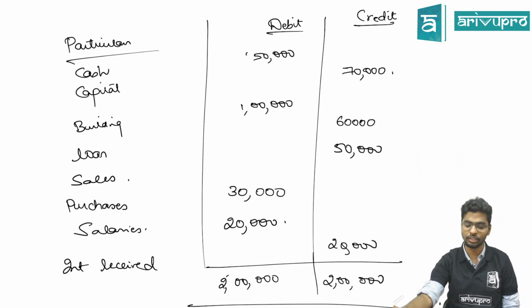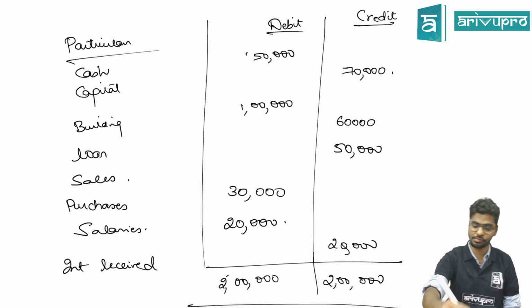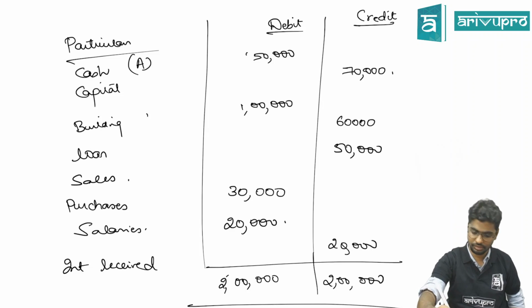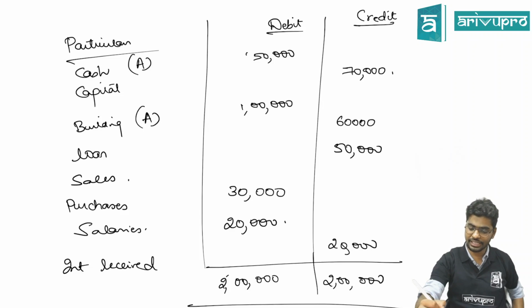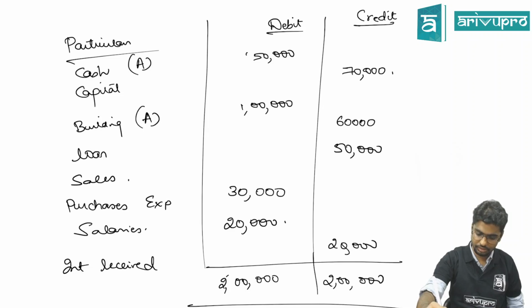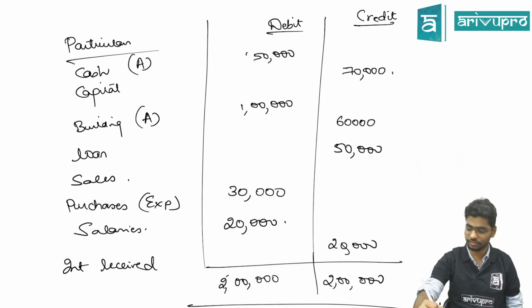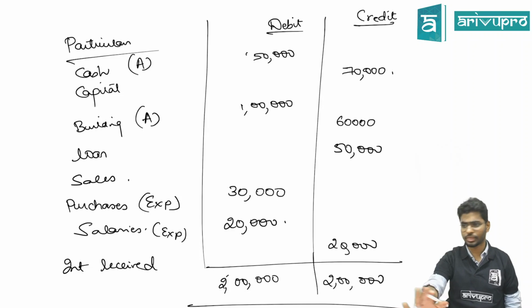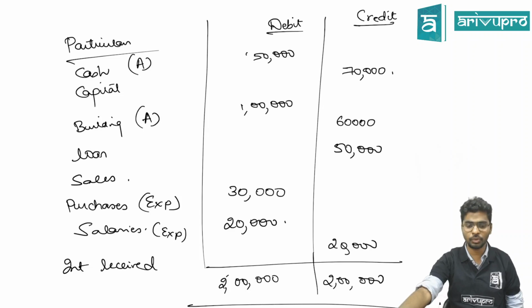First one, cash. Capital not there. Building. Then sales not there. Purchases. Salary. So done, a simple classification. Are you done? Now the next one.